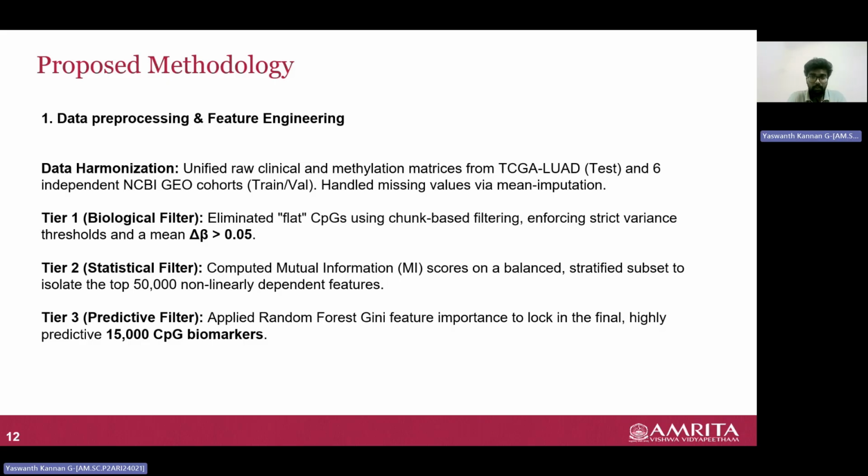The final stage is predictive filtering using a random forest model. This random forest model provides us a feature importance score based on how much each feature contributes to the prediction. From this, we further reduce the feature set to 15,000 features, which are the most predictive and can be used effectively to distinguish between cancer and normal. This step ensures that the selected features are not only biologically important and statistically relevant, but also directly useful for the predictions.